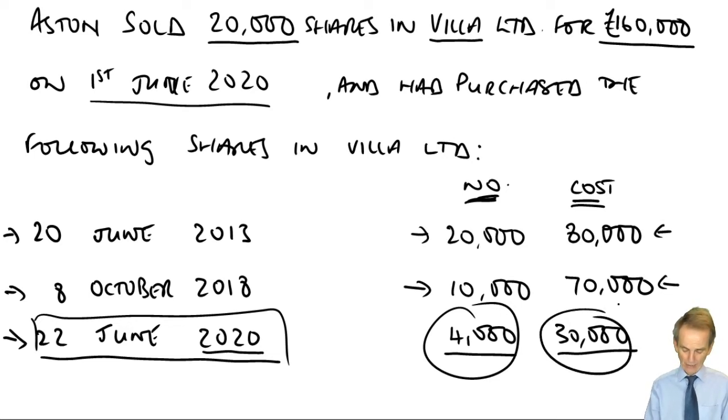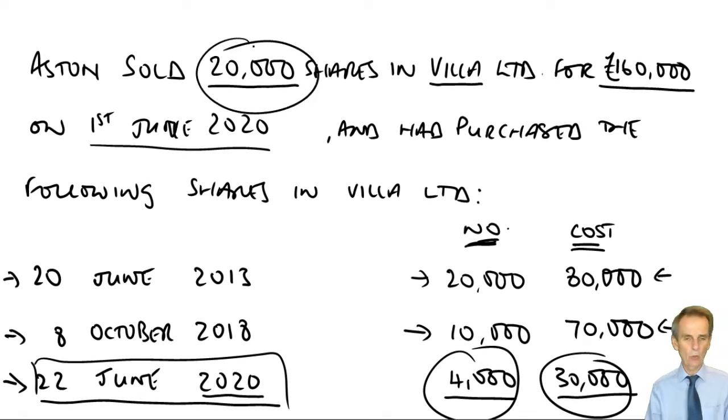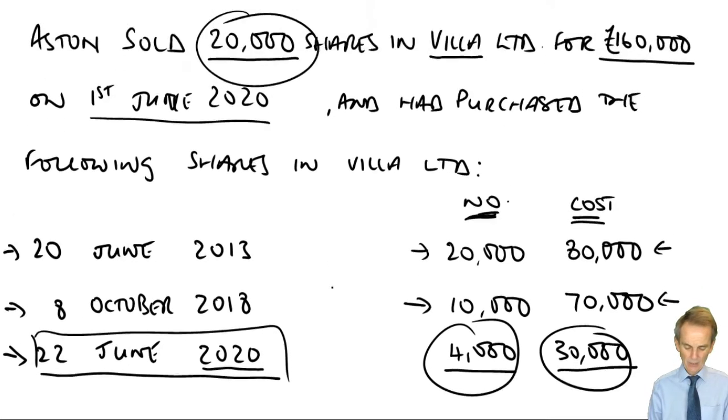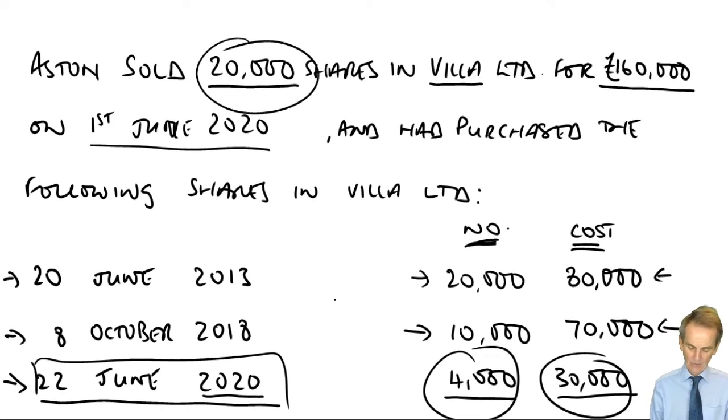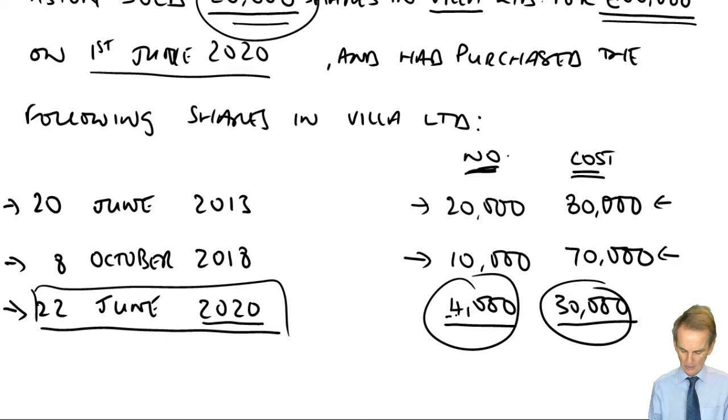Well, those 4,000 shares will be deemed to be the first 4,000 out of the total of 20,000 shares sold. That will be the first disposal. We know what its cost is. We simply have to work out, if 20,000 shares have been sold for £160,000, what would be the sales proceeds of 4,000 of those shares? A calculation I'll do with you in a moment's time.